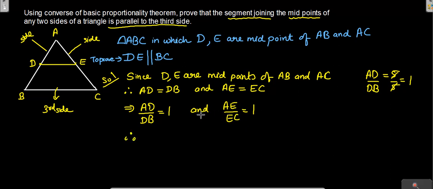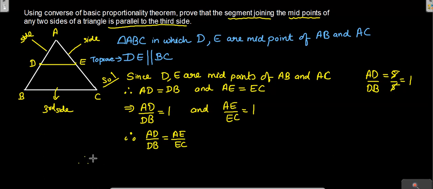Since both ratios give the same answer, AD upon DB is the same as AE upon EC. So I can write AD divided by DB is equal to AE divided by EC. Here finally we have proved it already.